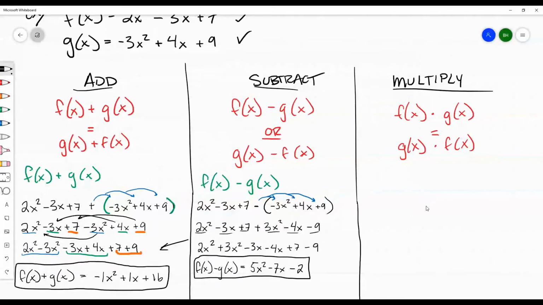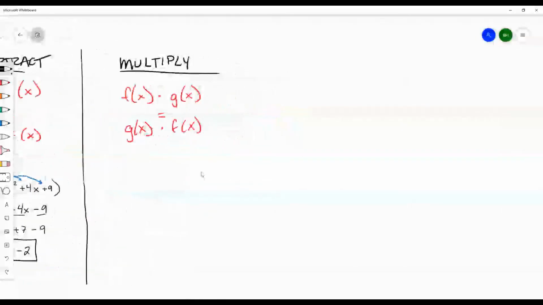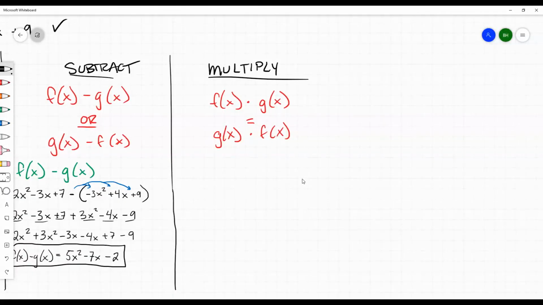Okay. And then ultimately we have some sort of multiplication. There's two ways that we could do multiplication. I'll show you over here, and we'll organize them out. Okay, method one is going to be called the area model, and that's when you'll take both of the functions.